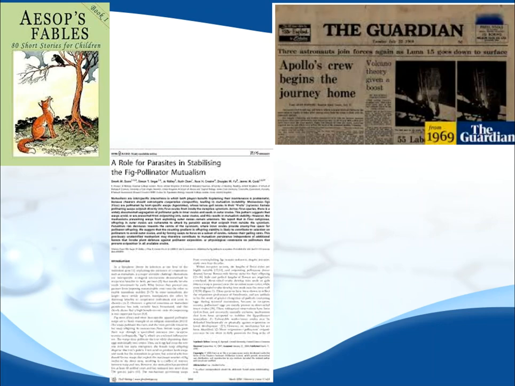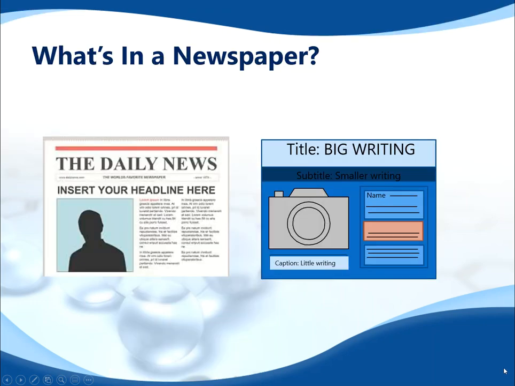At the same time, academics don't really need so many pretty things in the newspaper. What they are after is information, mainly information. So this is a representation of what is in a newspaper.